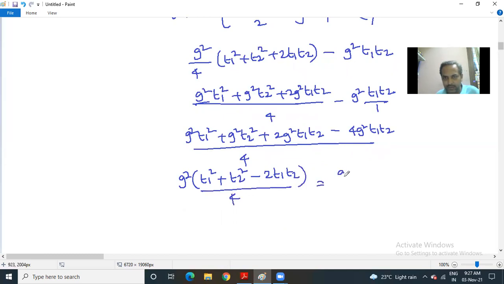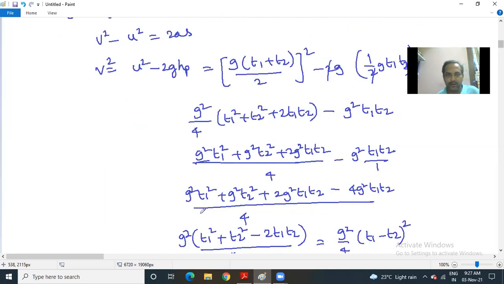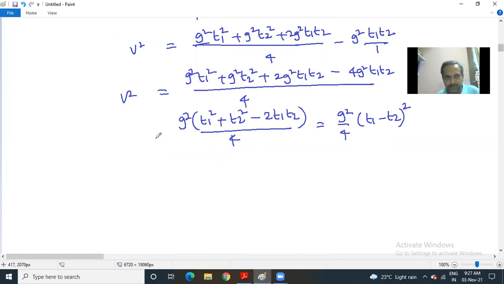So this can also be written as g square by 4 into t1 minus t2 whole square. But remember, this is all v square only. Everywhere you can write v square. So the final expression is v square is equal to g square by 4 t1 minus t2 whole square.